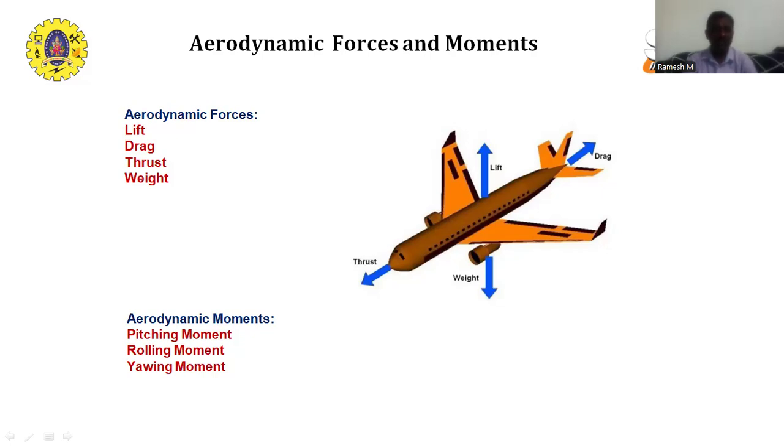Most of the lift is generated by the wings. Aircraft lift acts through a single point called the center of pressure. It is a very important point, the center of pressure, through which the aircraft lift acts.